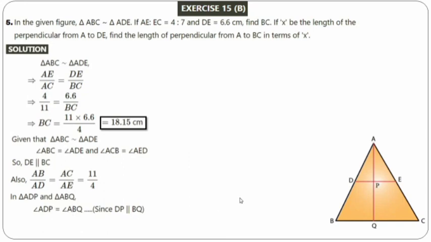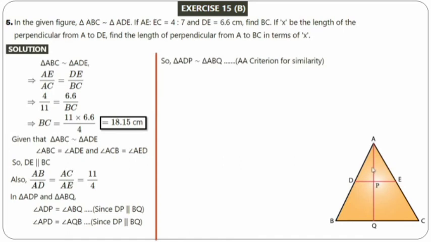Now one more thing is, you have angle APD and angle AQB, they will be equal, because the line also acts like a transversal, isn't it? These two are parallel, so this becomes my corresponding angle. So using AA criterion, this triangle and this triangle are similar.